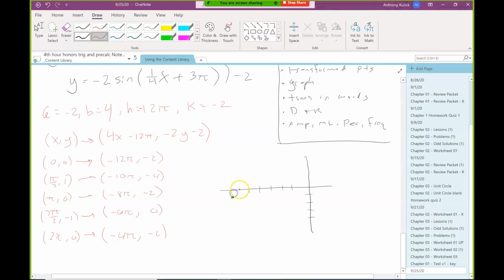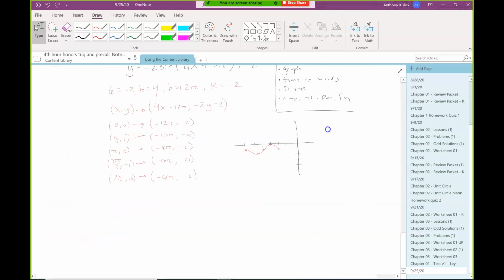So here's -12 pi, -2. -10 pi, -4. -8 pi, -2. -6 pi, 0. And -4 pi, -2. So that's what at least one period of my graph is going to look like.